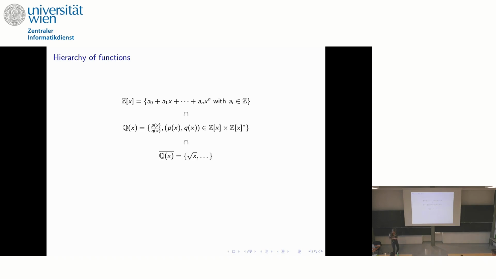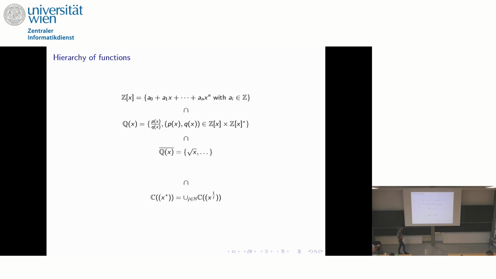But usually when you want to do some analysis, you end up thinking that this field of algebraic functions is a little bit too small to find special functions of interest, and then you're forced to jump to a very large field, which will be the field of Puiseux series with complex coefficients.